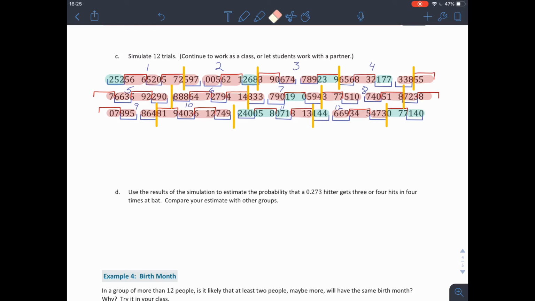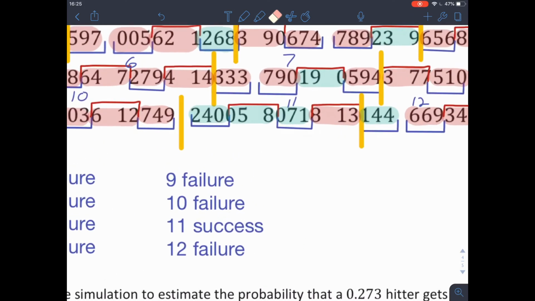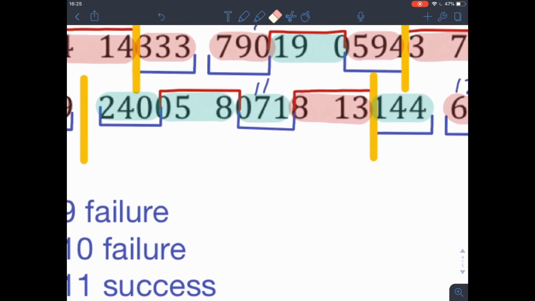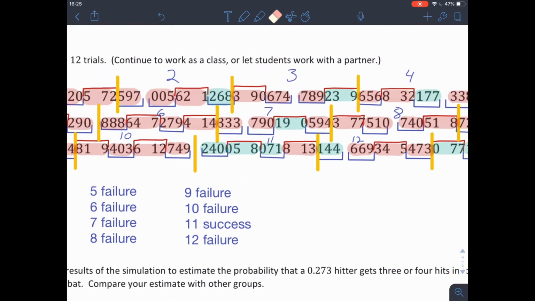I separated each of my sets of 4 numbers out so I knew which ones were my trials, and I colored them for hits and for misses. When I put all this information together, out of my 12 trials, only 1 was a success. It was the only trial that had 3 or 4 hits in it.